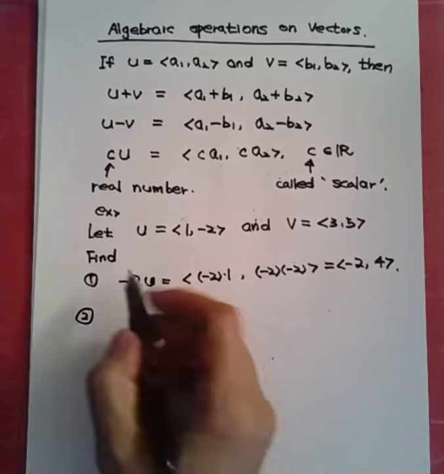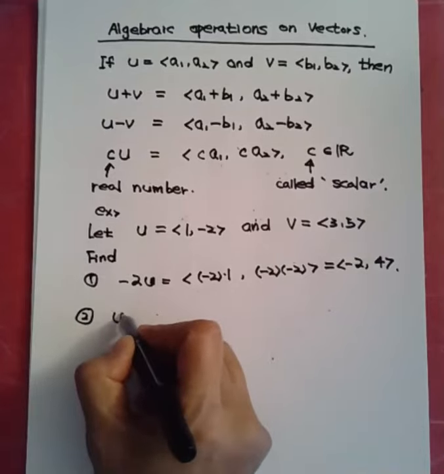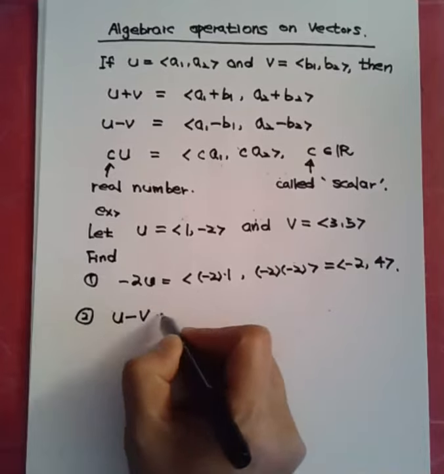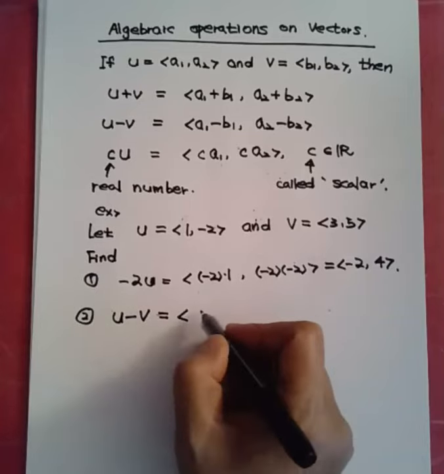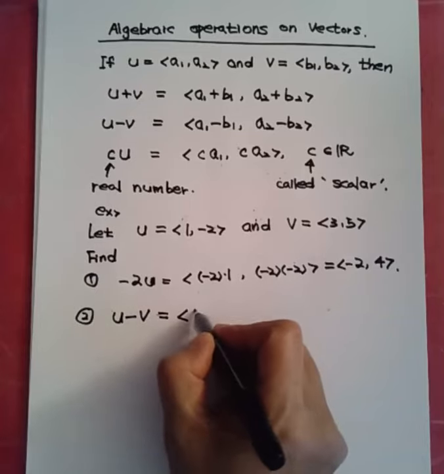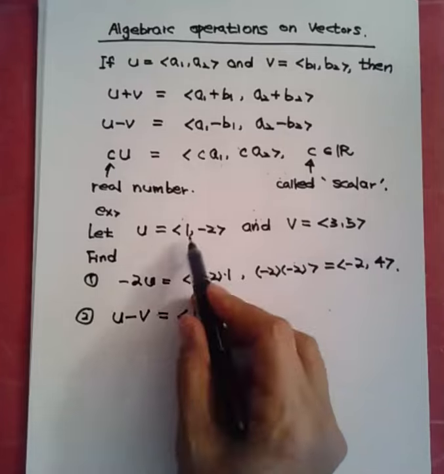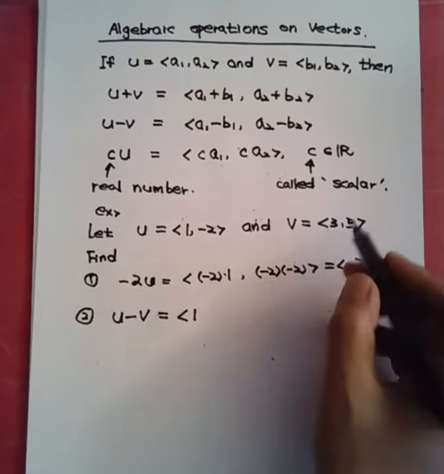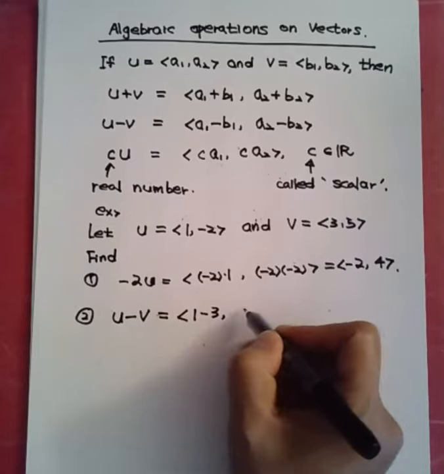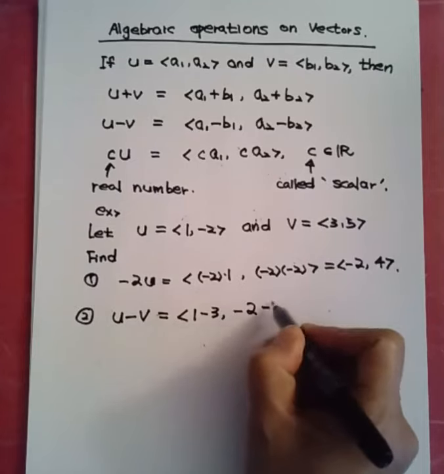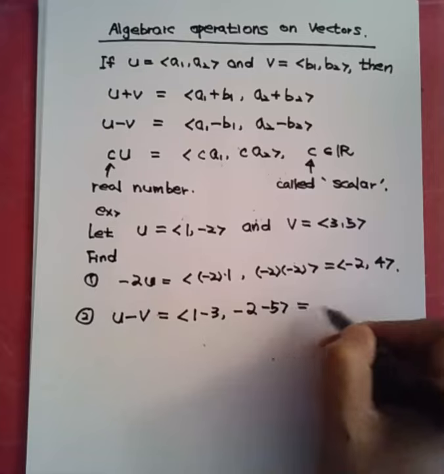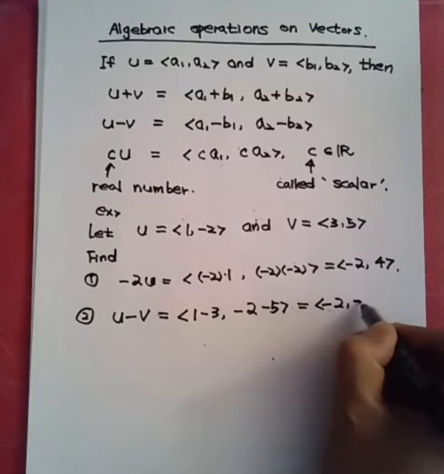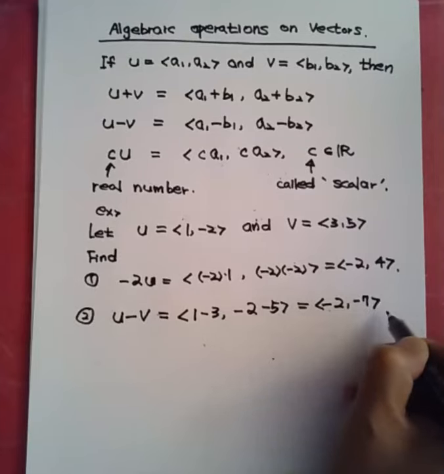In the next problem, we will think about u minus v. Then we do it component-wise. The horizontal component for u is 1, and the horizontal component for v is 3, so we subtract. We do the same, -2 minus 5, then that is ⟨-2, -7⟩.